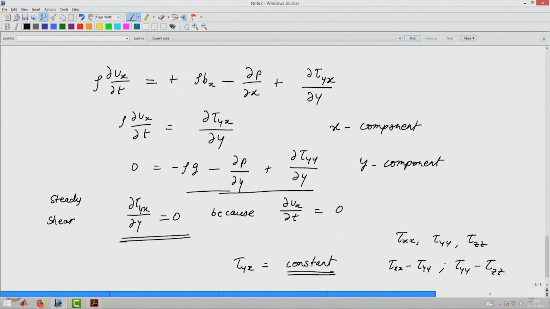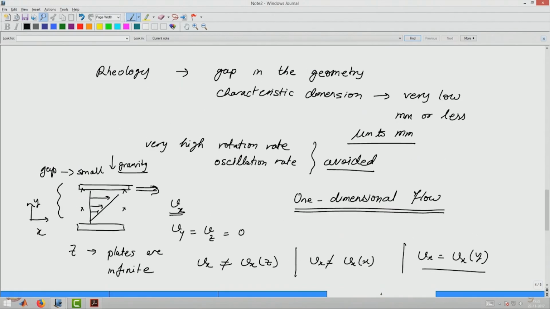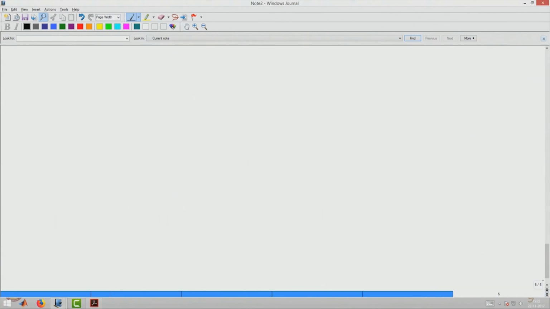We can justify and rationalize this by looking at the overall flow diagram. If I look at any fluid layer at a given y location, this fluid layer is being subjected to stresses. It is moving at some velocity, the fluid layer above is moving at a slightly higher velocity and the fluid layer below is moving at a slightly lower velocity.